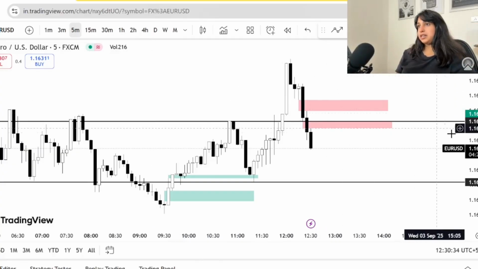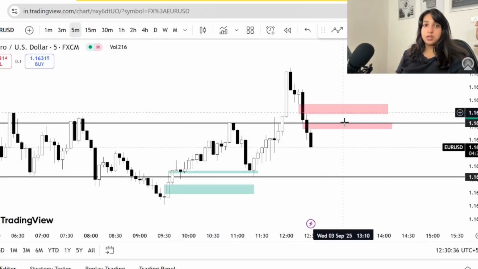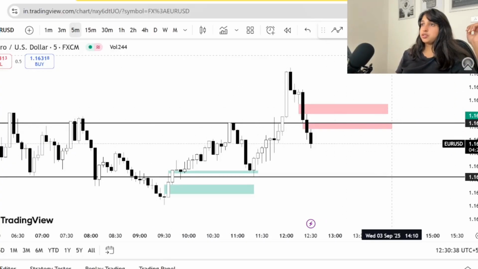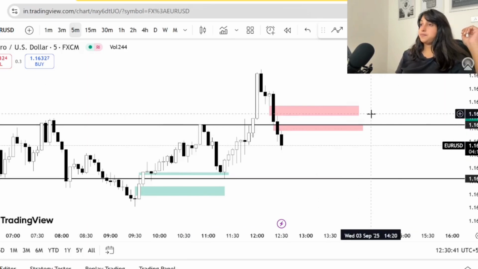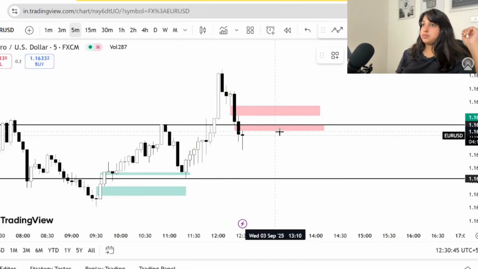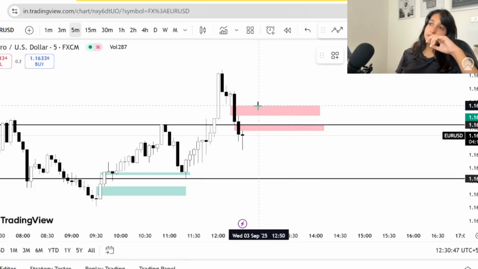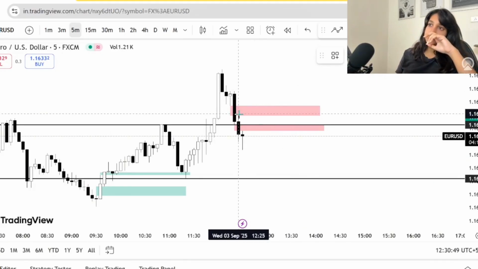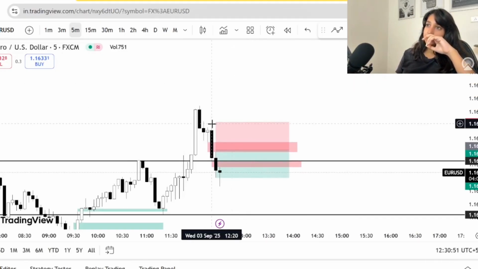So as you can see, we finally formed the bearish structure after taking the highs. Okay, let's see, if it comes over here, we're going to make an entry over here.